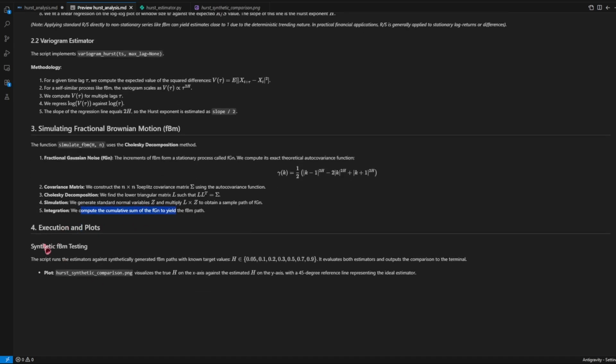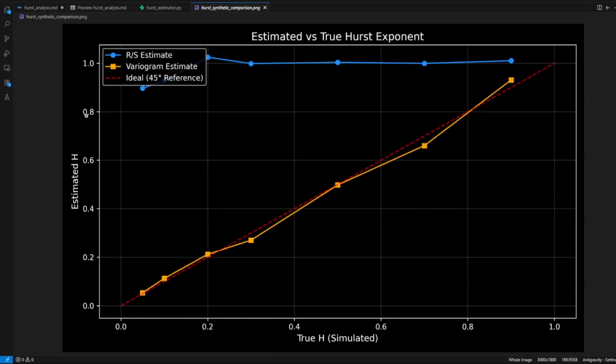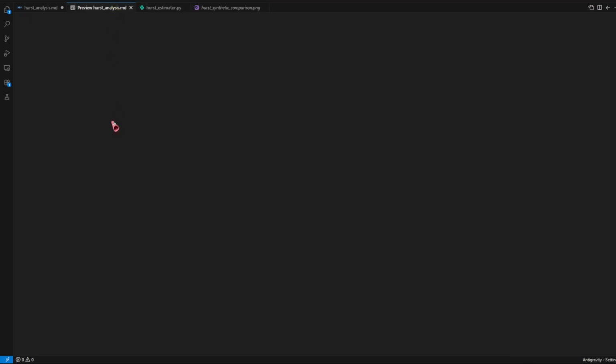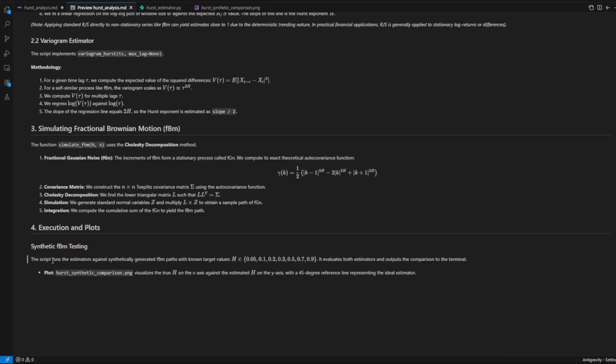For the plot, we get this one here. As you can see, we're using both methods and the ideal. If the known target values are 0.05, 0.1, 0.2, all the way to 0.9, it evaluates both estimators and outputs the comparison to the terminal.